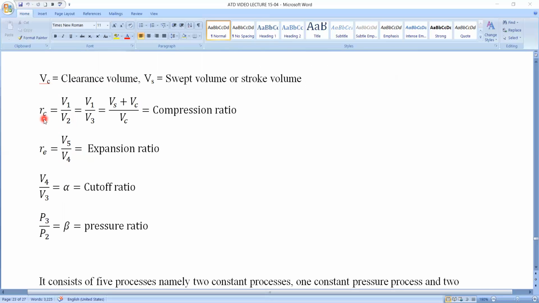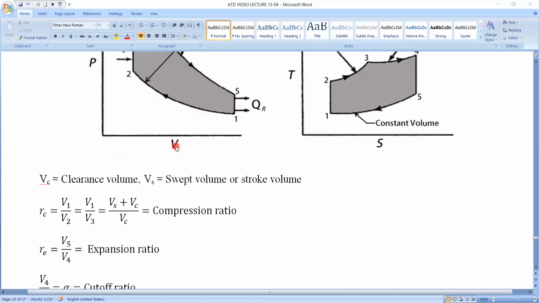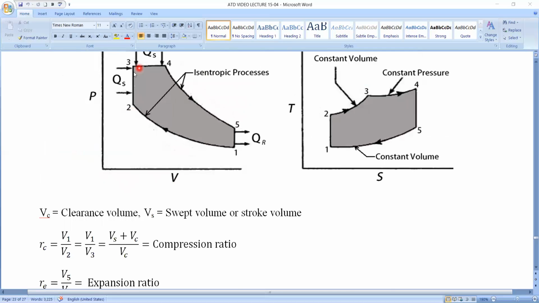Now RC stands for compression ratio, which is defined as the ratio of volume at the beginning of compression to volume at the end of compression. Remember students, the process 2 to 3 is a constant volume process in which V2 equals V3.